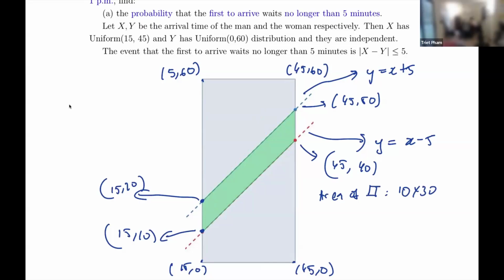But so what's the probability? What's the answer to A then?